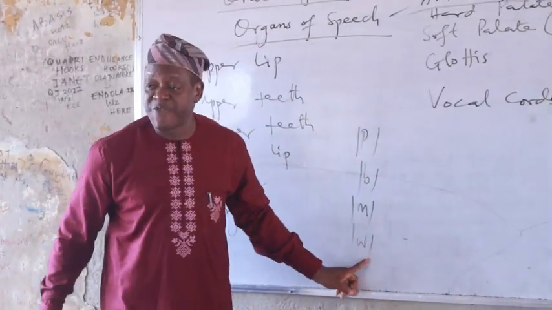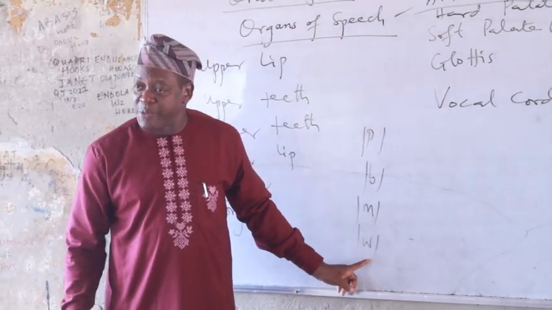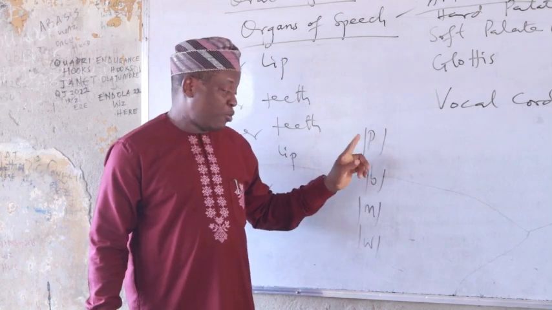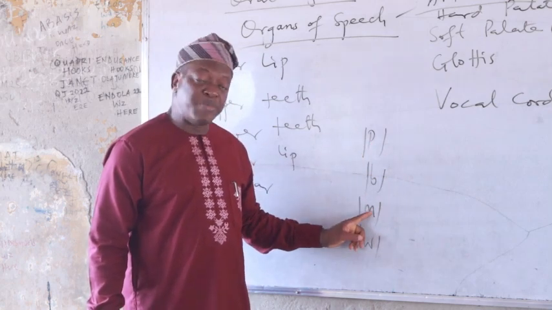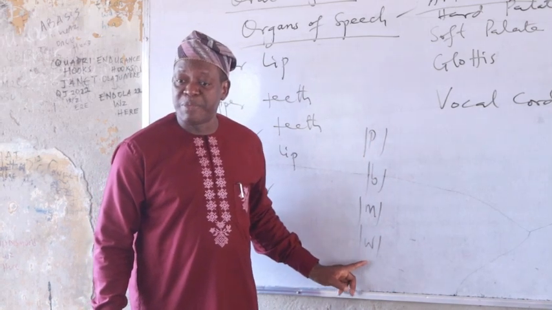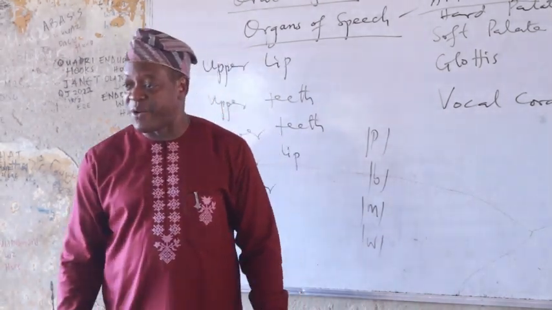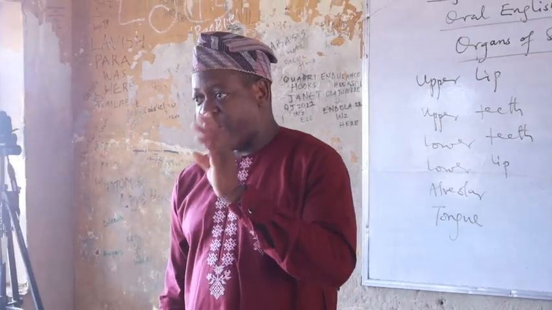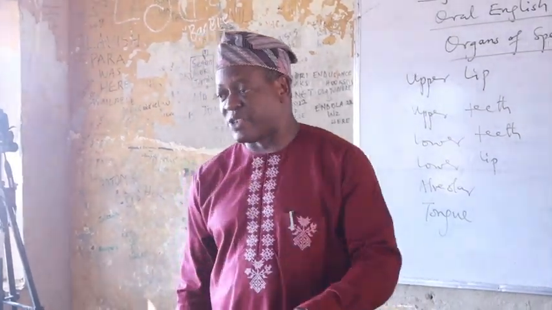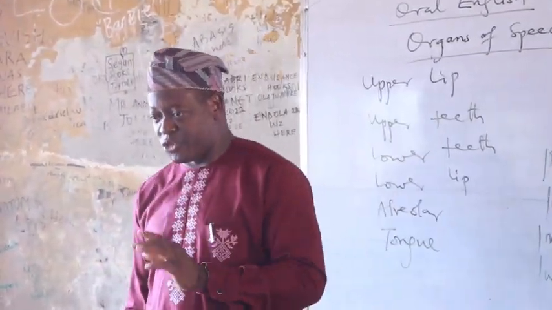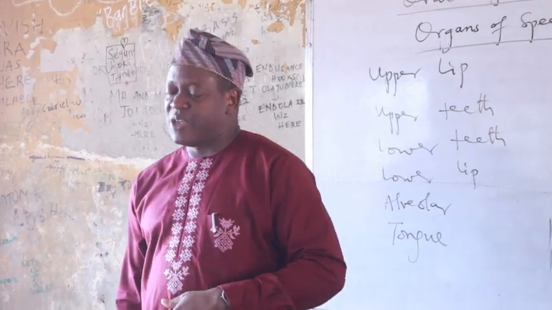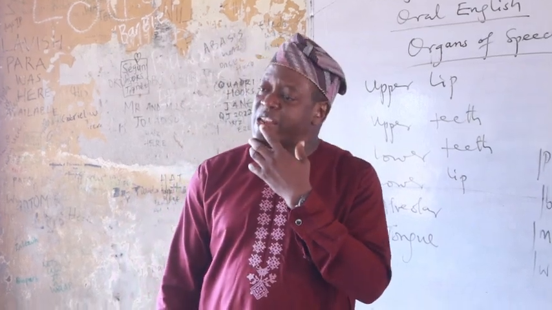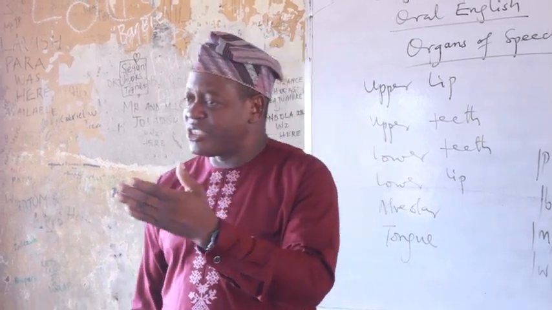That's why they call it semi-vowel. It's also bilabial, but it's a semi-vowel, unlike this one, which is a bilabial plosive, and this a bilabial nasal. Okay, so that's what is bilabial. We have 4 bilabial sounds. The 2 lips will come together. Okay? Then, it is possible for the lower lip to touch the upper teeth.